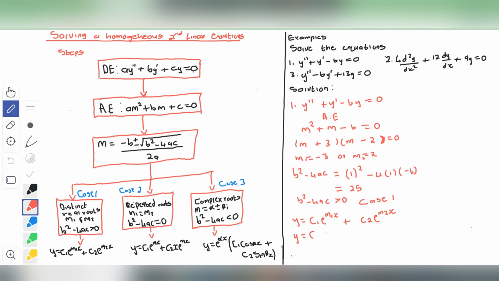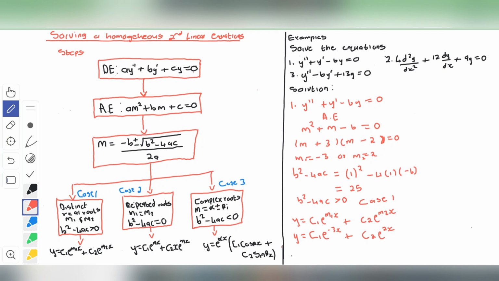Therefore we have c1 multiplied by e to the power of negative 3x, plus c2 multiplied by e to the power of 2x. Then we are done solving this homogeneous second order linear equation.